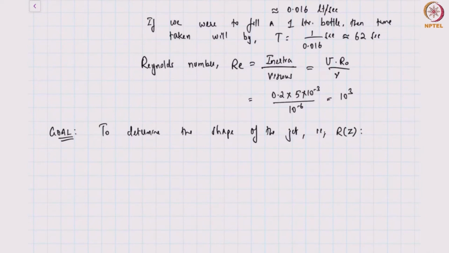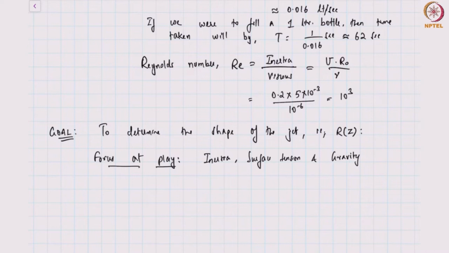Okay. So how do we set out to do this? What are the things that we know? We know that the forces at play are inertia, surface tension, and gravity. So if you have three forces at play in the problem, you can expect that you'll have two non-dimensional groups.